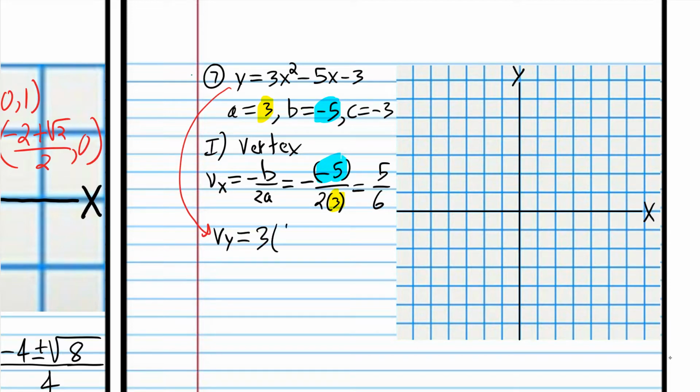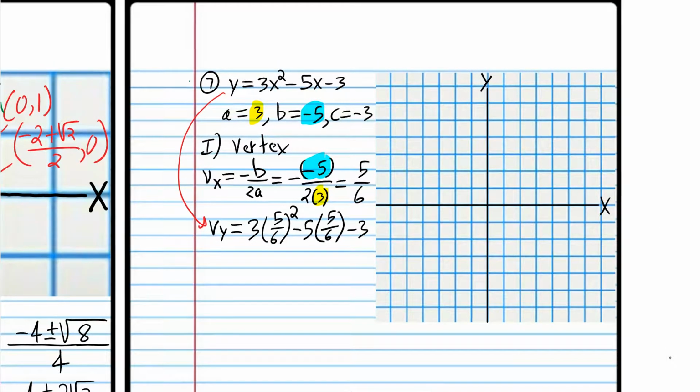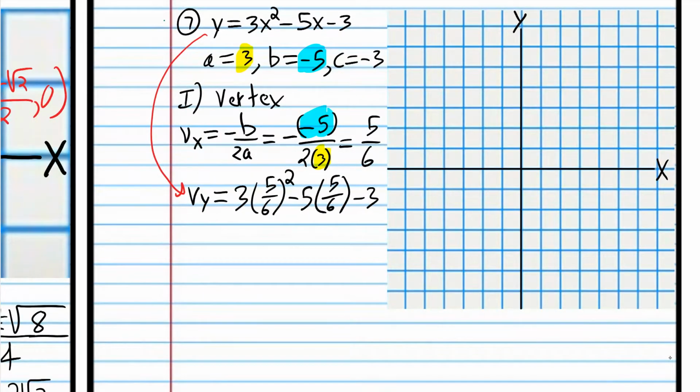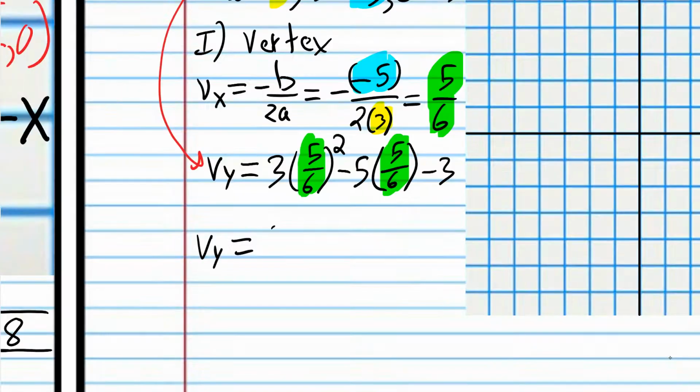So we get 3 times (5/6) squared minus 5 times 5/6 minus 3. And just to be clear, I got that number from there as usual. We get 25 over 12 minus 25 over 6 minus 3.